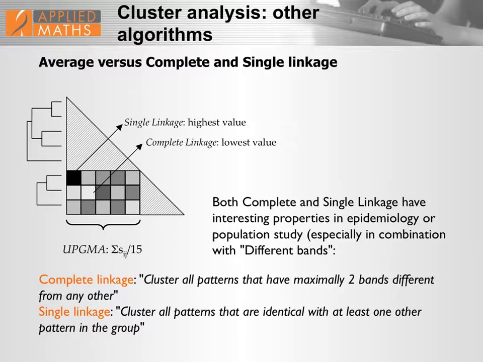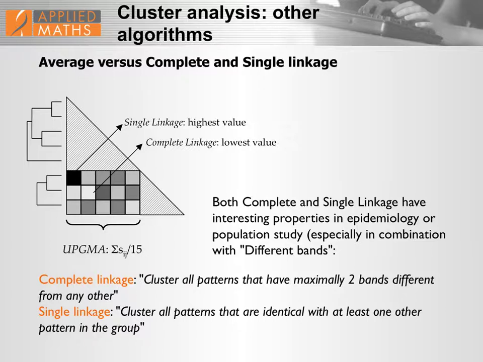So they can have some very interesting properties in epidemiology or population studies, especially if you are not using similarity values, but different bands, for example. So if you use complete linkage together with a number of different bands, then you can cluster all the patterns that have maximally, for example, 2 bands difference with any other.